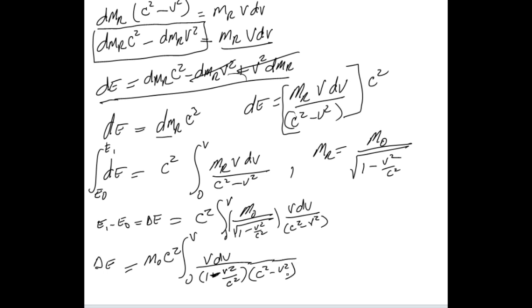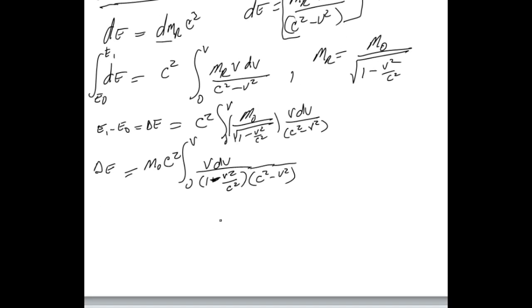Okay, all right, there's the equation. A few things I want to bring to your attention here. Notice that Einstein's famous equation has appeared: rest mass times the speed of light squared.